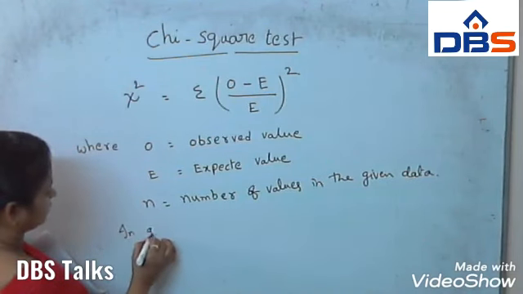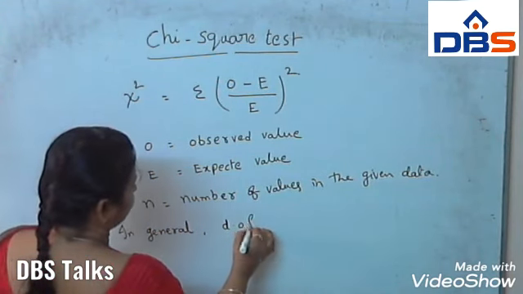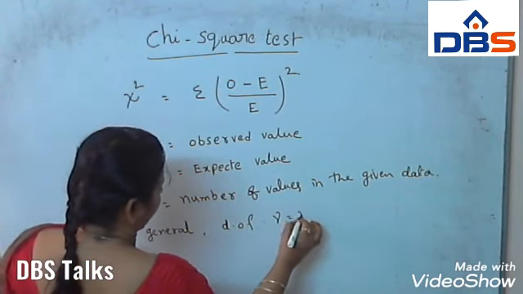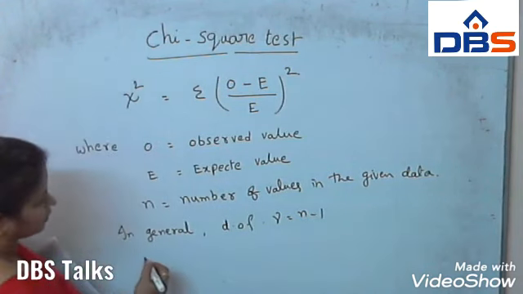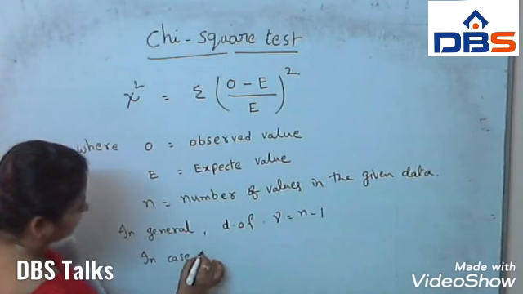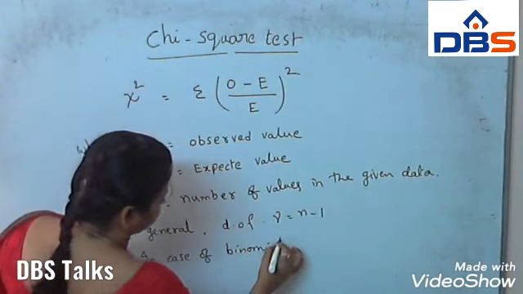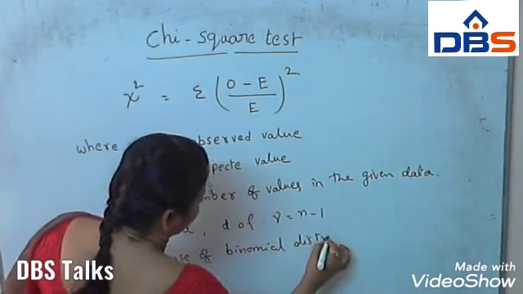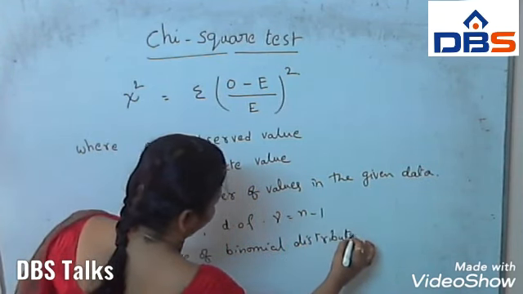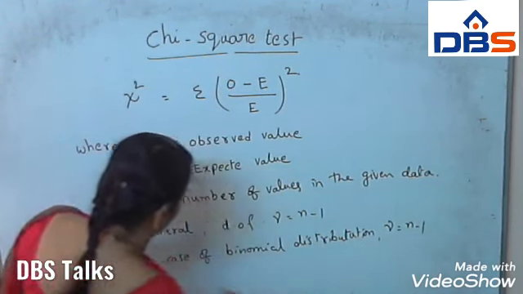In general, degrees of freedom nu equals n minus 1. In case of binomial distribution, degrees of freedom nu equals n minus 1.